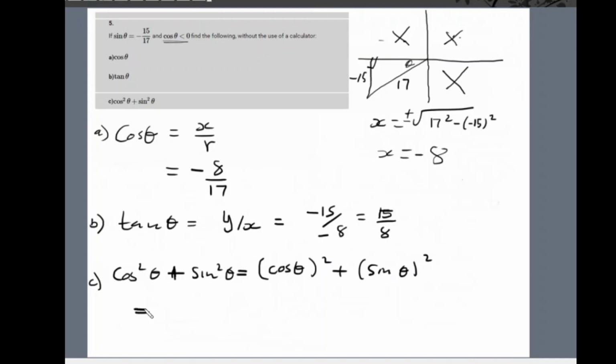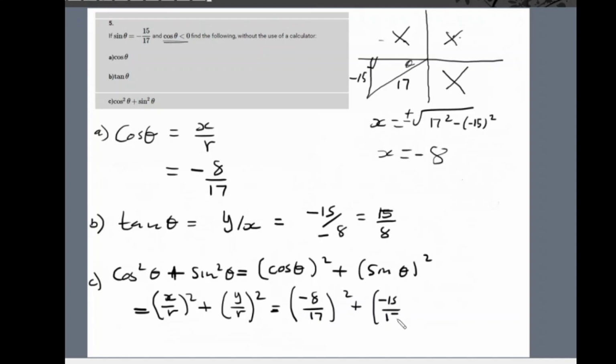We know cos theta is x over r, and sine theta is y over r. If we substitute these values, x is minus 8, r is 17, and y is minus 15 and r is 17.